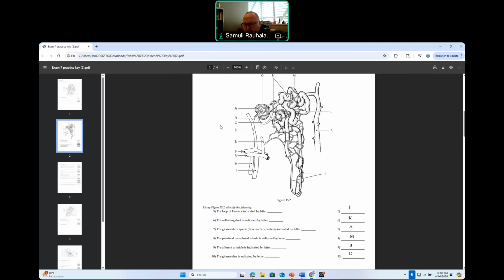And we see blood coming in through the afferent arteriole, shown as letter B and question 9. And then we have this capillary tuft, which was known as the glomerulus. That is indicated here as letter O and also addressed in question 10.